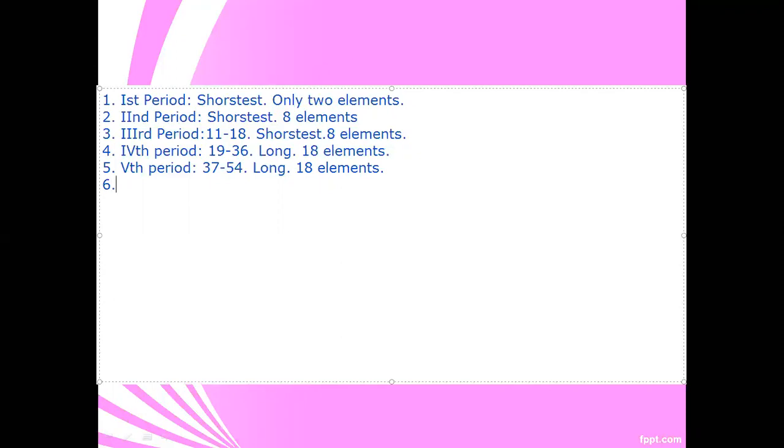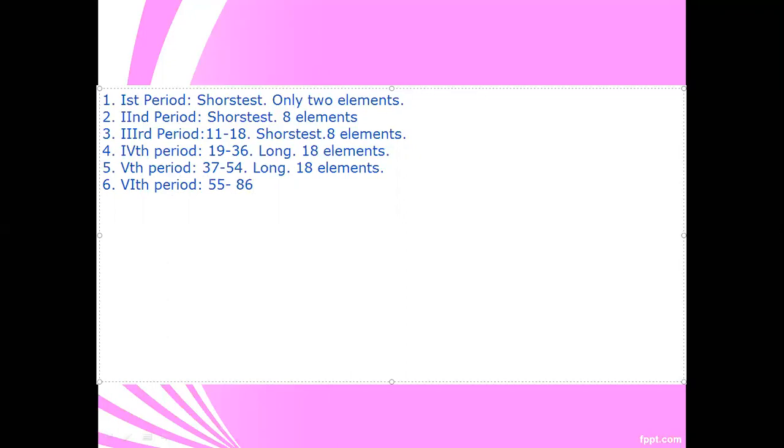The next one is the sixth period. The sixth period contains atomic numbers 55 to 86.